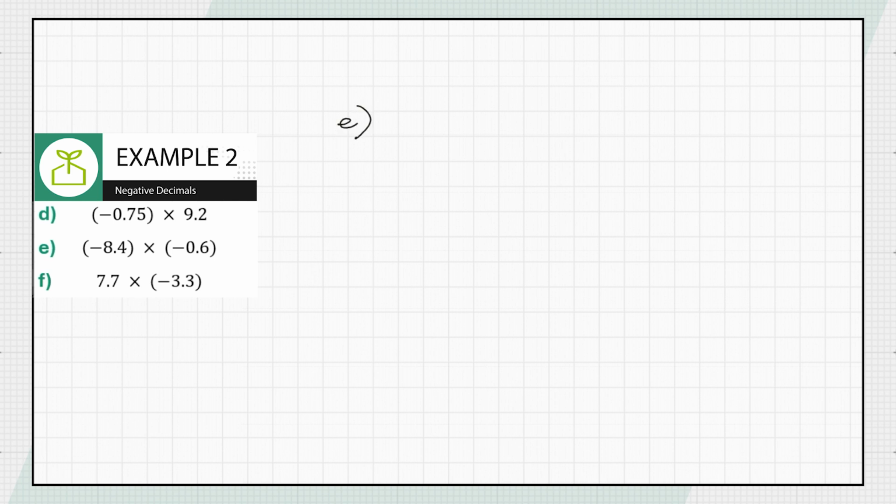Alright, let's do E. E is going to be minus 8.4 multiplied by negative 0.6. Now, because it's a negative multiplied by a negative, our answer will be positive, so we can just treat this as a positive multiplication. Then we just need to do 84 multiplied by 6.